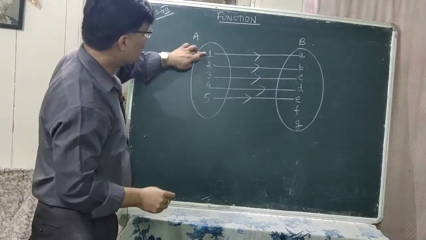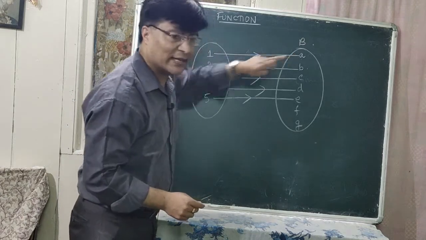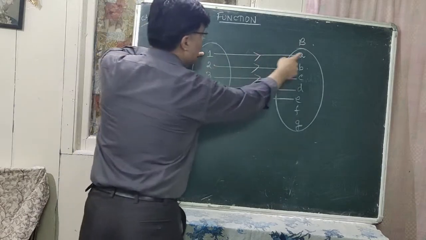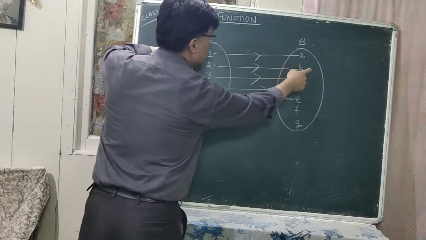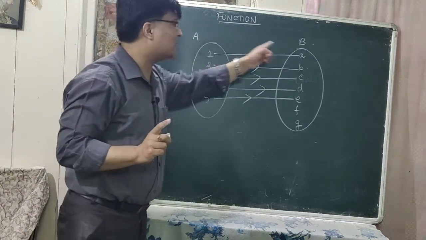जस्तै यो 1 को इमेज यहाँ A छ, तर यो 1 को इमेज फेरि B मा हुनुहुँदैन. बुझ्नुभयो त? यो 1 को इमेज यहाँ एउटै मात्रै हुनु पर्छ.